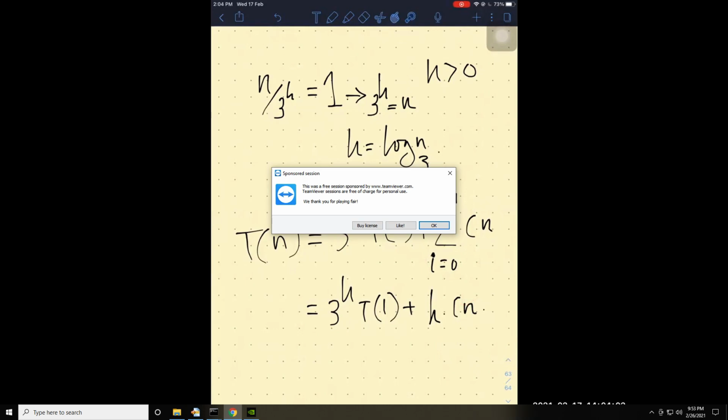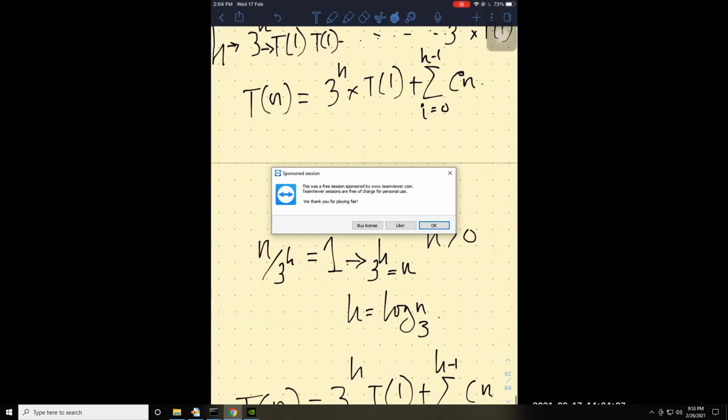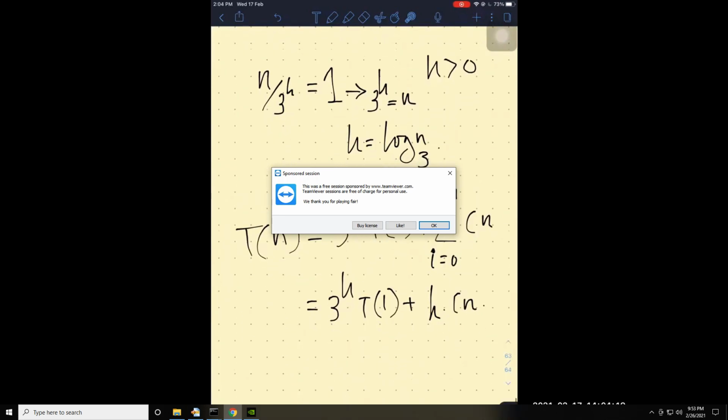Okay, then we will replace this h from our assumption, which is here: h equals log of n base 3. So if we replace this h in this equation, we'll get 3 to the power log of n base 3 times T of 1 plus c of n times log of n base 3.